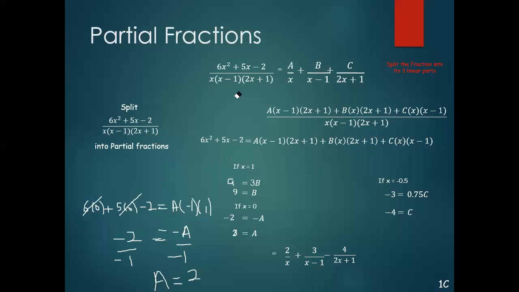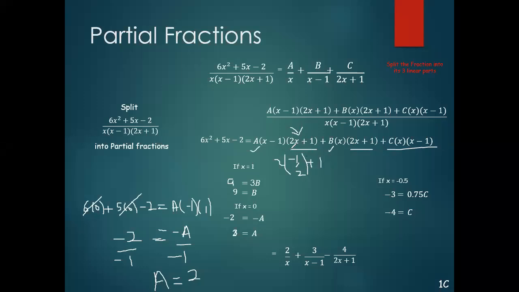If we should make x equal to, let me clean this side first, if we should make x equal to, say, negative half, we found A, we found B, so now we need to find C. And to find C, you see A and B both have common terms here, which is 2x plus 1 and then 2x.